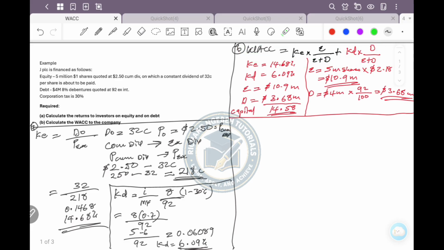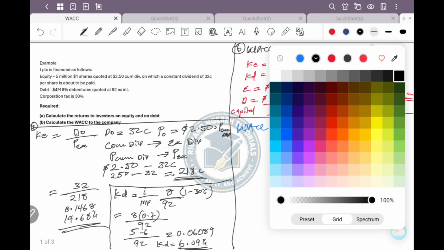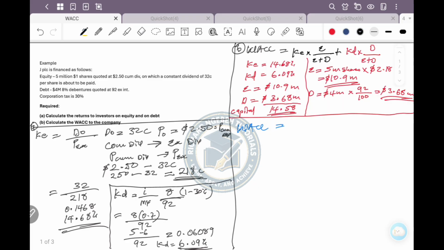So basically, in solving your WACC, the first thing you consider is to take the equity section.